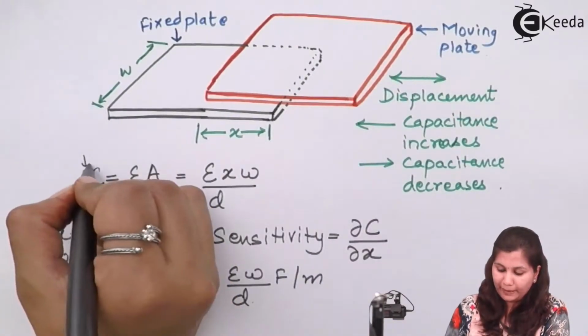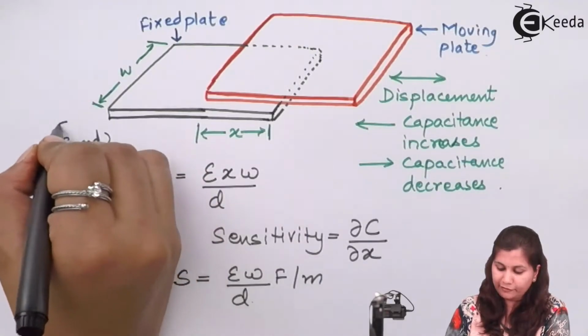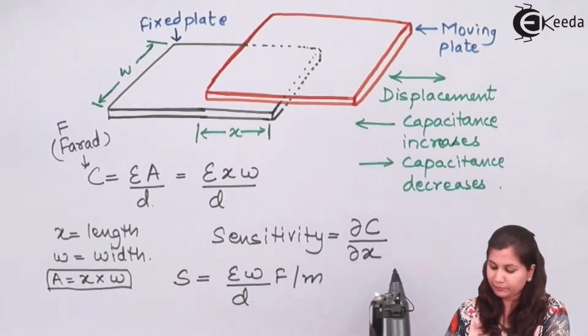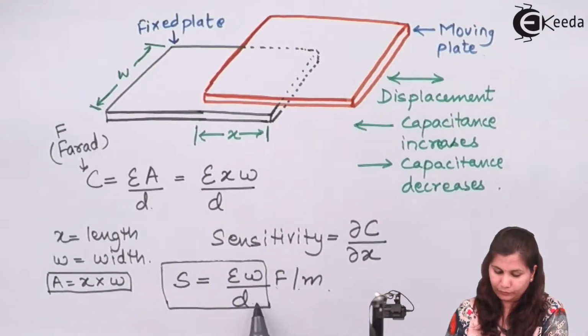The unit of capacitance is farad, that is F, and the length X is in meters, so farads per meter, and this is the sensitivity.